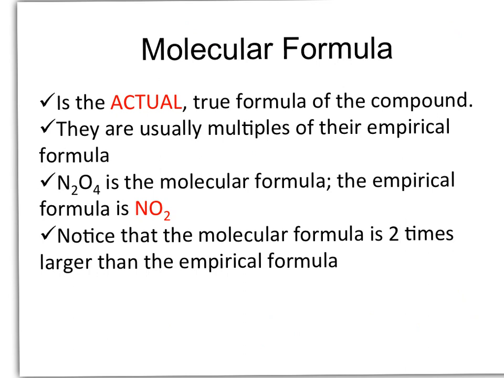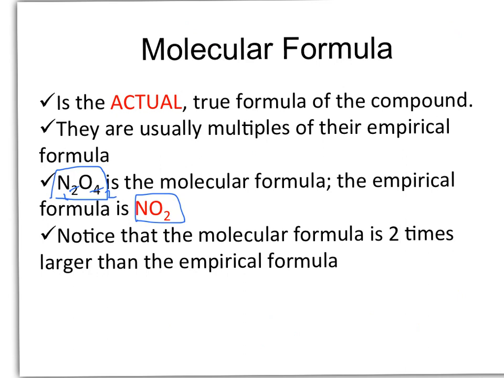If we take a look at N2O4, I'm going to tell you that that's a molecular formula. It's the actual formula that exists. I can simplify it by factoring out a 2 as these subscripts, and I get NO2. So NO2 is the empirical formula, the simplest formula that exists between nitrogen and oxygen.